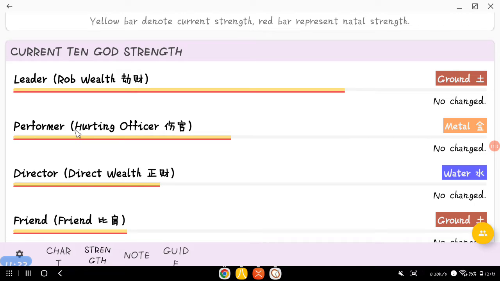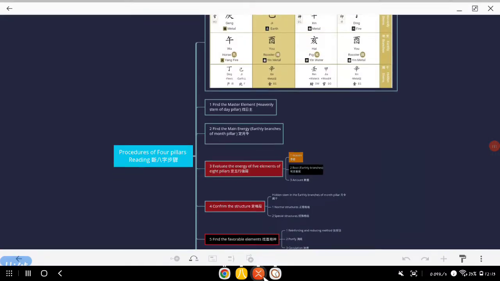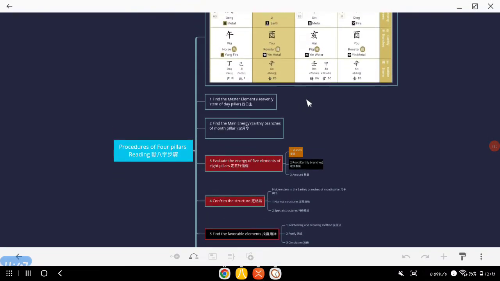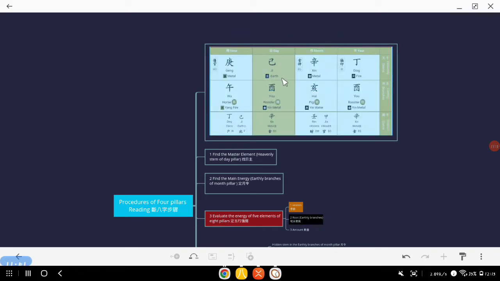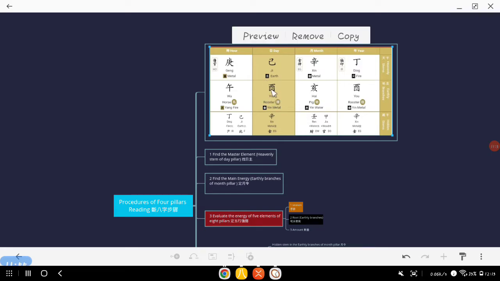And hurting officer structure, because hurting officer is a children star. So what does it mean, children? It means here the day master, this G, because the earth produces metal, so metal is the children star of this day master.